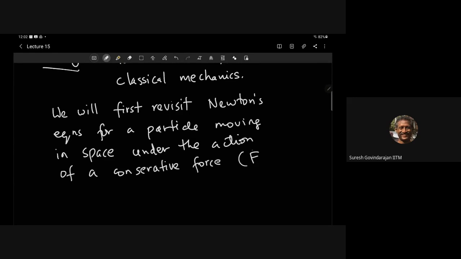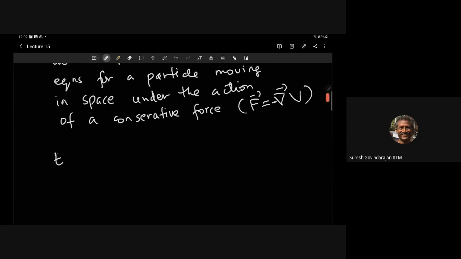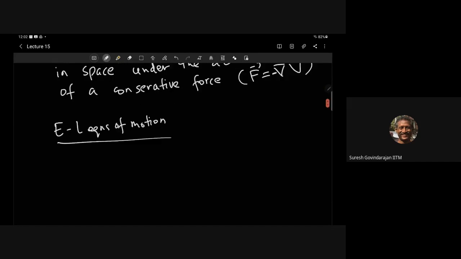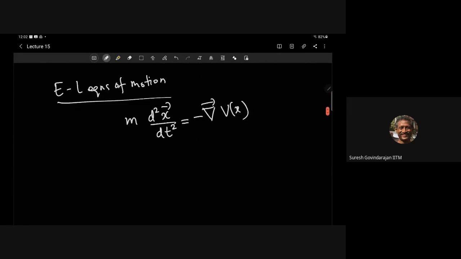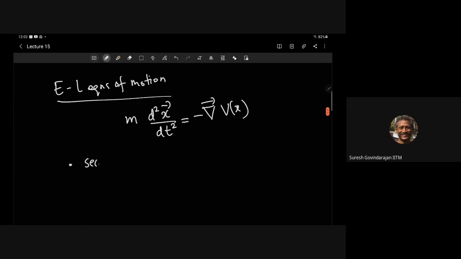Okay, so F is minus the gradient of some potential. So the Euler-Lagrange equations of motion are just m d squared x by dt squared equal to minus gradient V of x. The features here are a second order ODE in time.